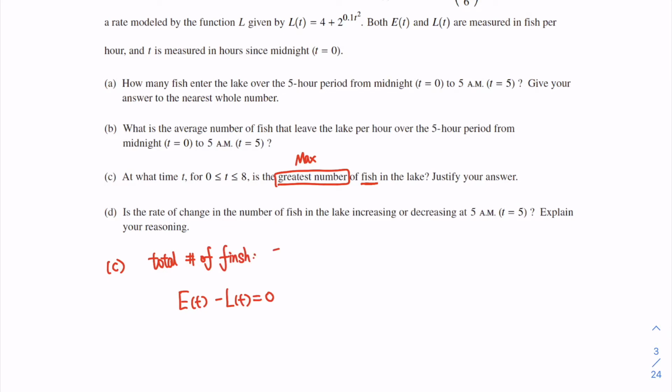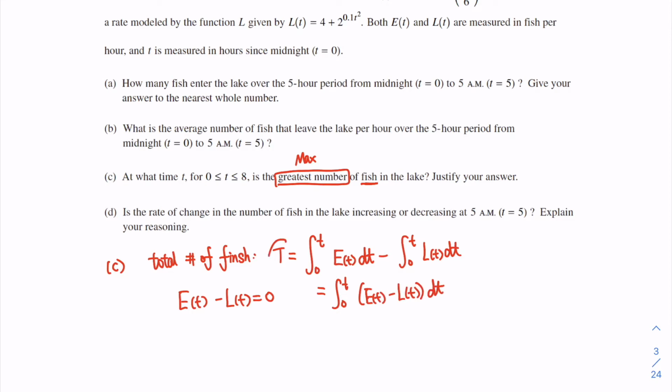Let me use capital T. T of t equals the integral from 0 to t of E minus L, the amount of fish that leave the lake, dt. So basically this function gives us the total amount of fish in the lake at any time t, and t is between 0 and 8.